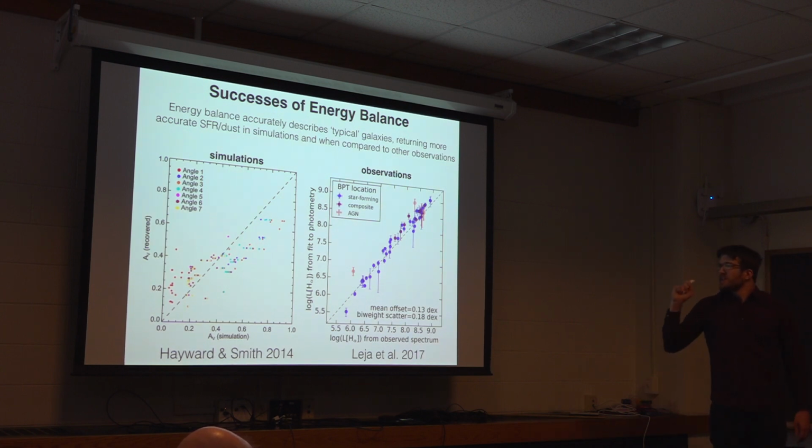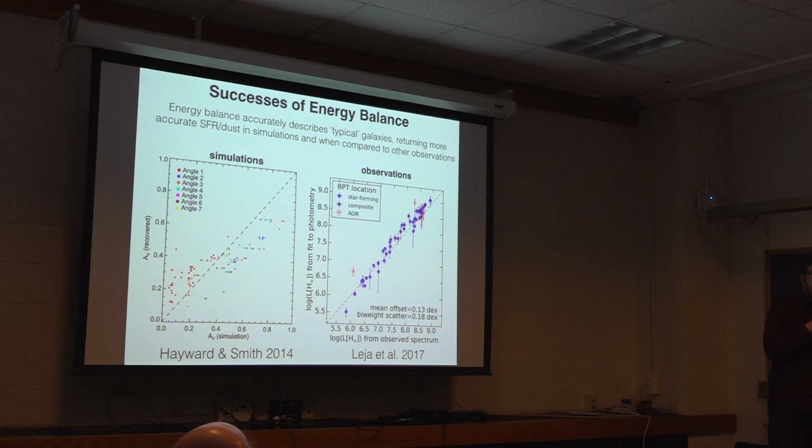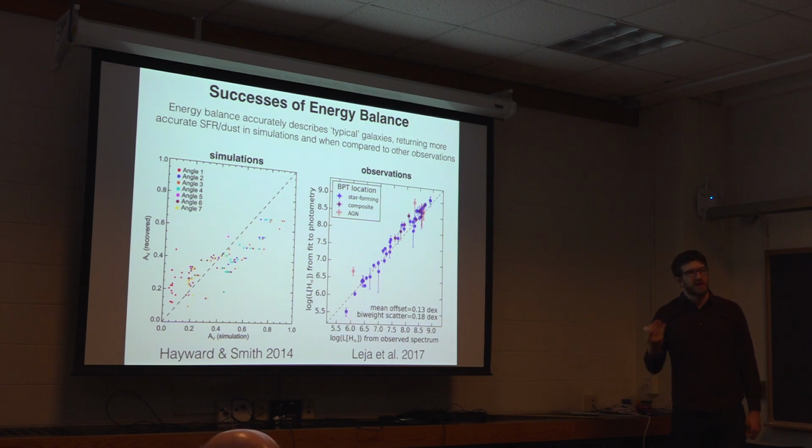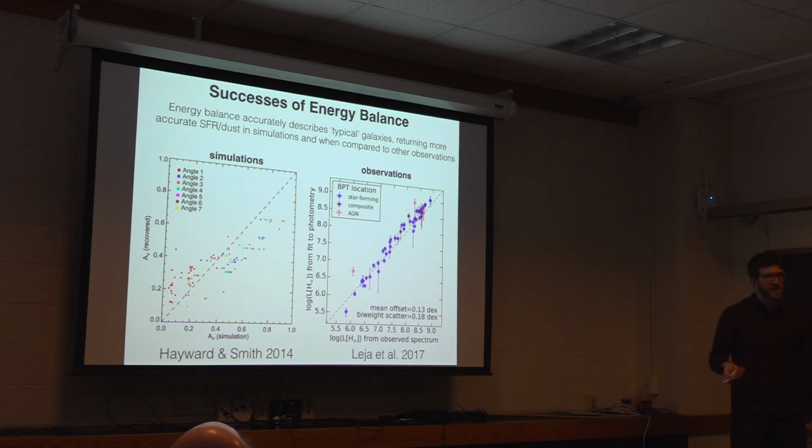One is this set of simulations by Chris Hayward, who was once here. Some of you may remember him. Here he's running some hydro simulations, full radiative transfer, and looking at galaxies from these different angles, top down, along the disk, and so on, and running one of these SED modeling codes that assumes energy balance.